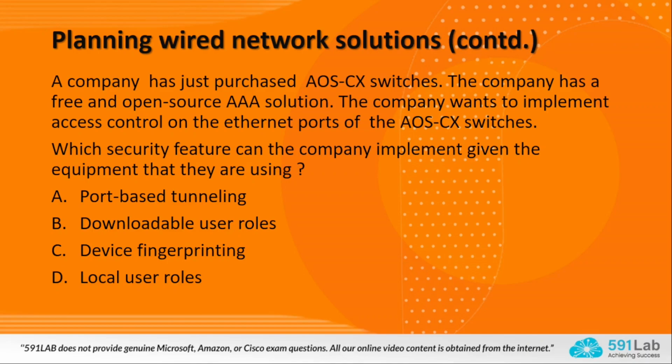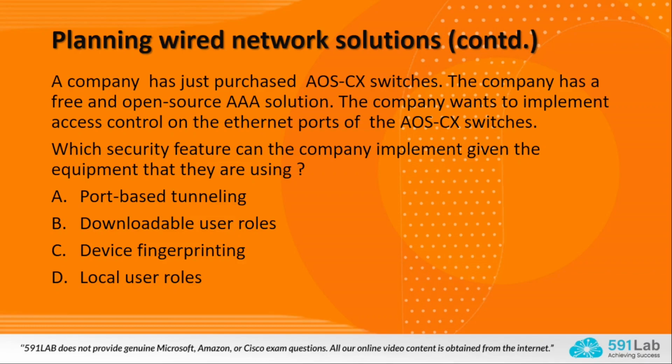In some scenarios, it is needed to enhance security of 802.1X authentication by combining it with the fingerprinting feature, like that supported by ClearPass, which can help identify the hardware, for example, a security camera versus an Apple iPhone, or the operating system used by the device. So in Aruba solutions, fingerprinting is done by ClearPass. In this question, ClearPass is not there. Instead, there is an open AAA service. So this is not correct.